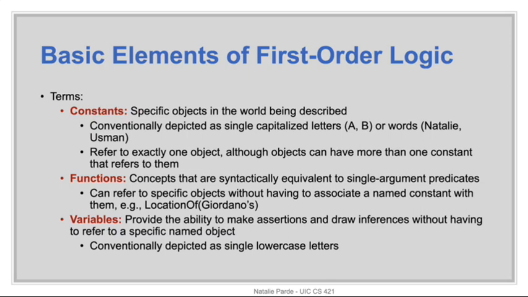For example, although Chicago would be a constant, location of Giordano's would be a function. Variables do not refer to a specific object, but rather to one or multiple anonymous objects. Their use makes it possible to make assertions and draw inferences without having to refer to a specific named object. Variables are generally depicted as single lowercase letters.